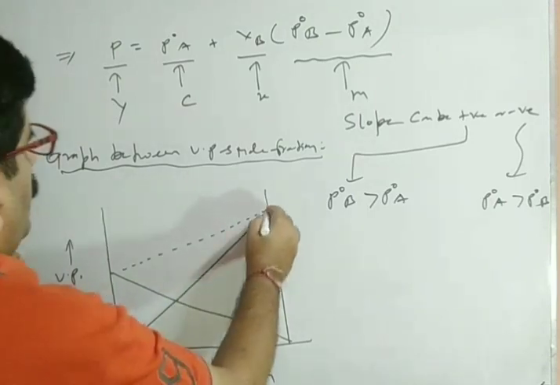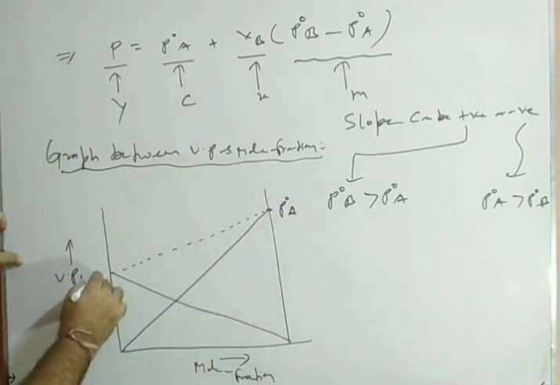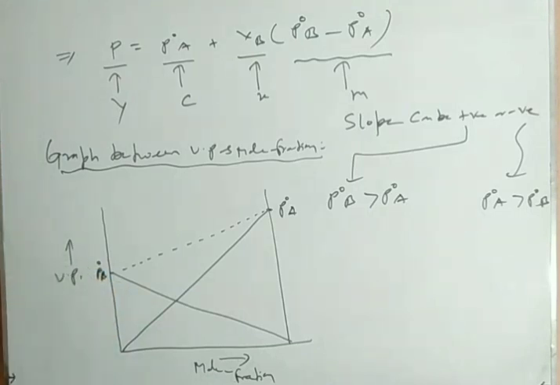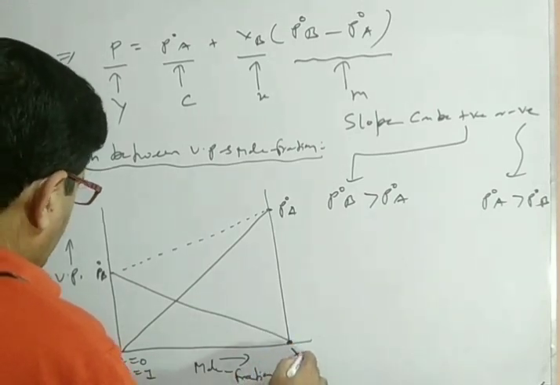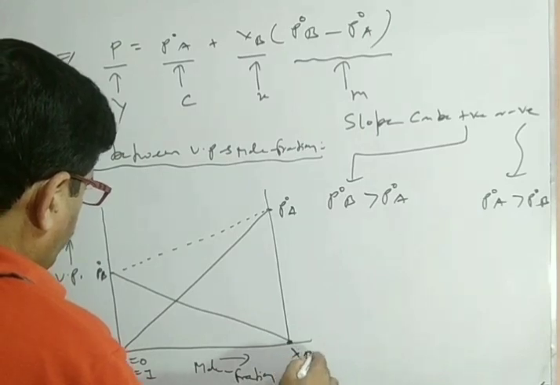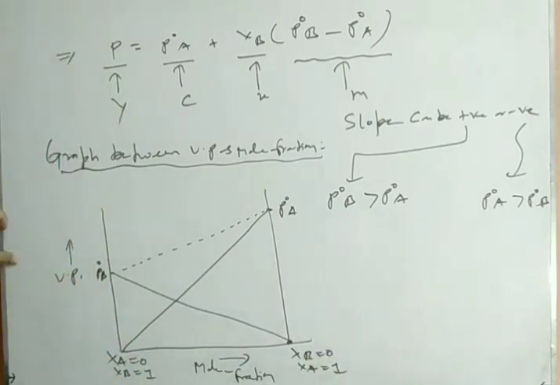This is said to be, suppose P naught A, here we can write P naught B. Here XA is equal to 0, XB is equal to 1, and here XB is equal to 0, XA is equal to 1.